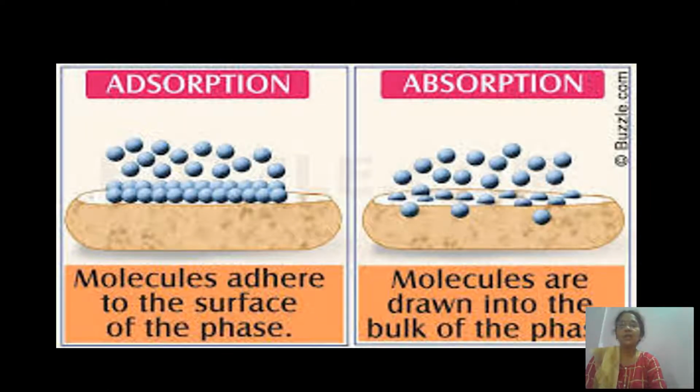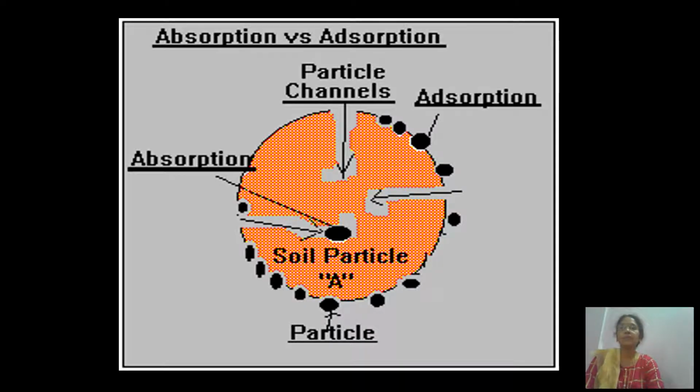You can see in this diagram, adsorption means the molecules are present only at the surface. In this second diagram, absorption, the molecules are present in the bulk. So this is the process of absorption and this is adsorption. You can also see adsorption and absorption in this diagram.